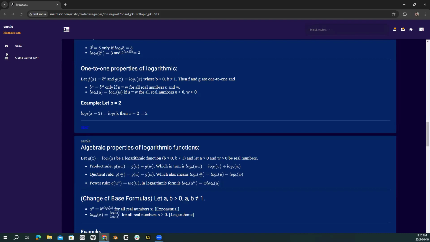Let's first start off with the product rule. Essentially, let me just use an example for this. Let's say log base 2 of 8x.